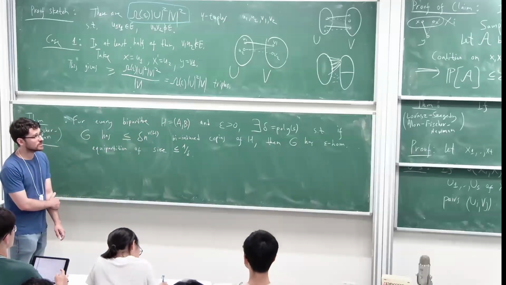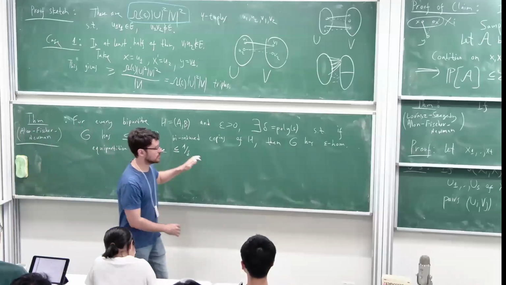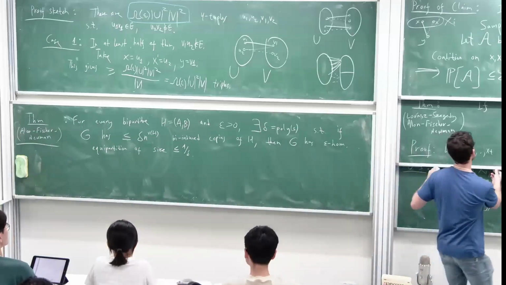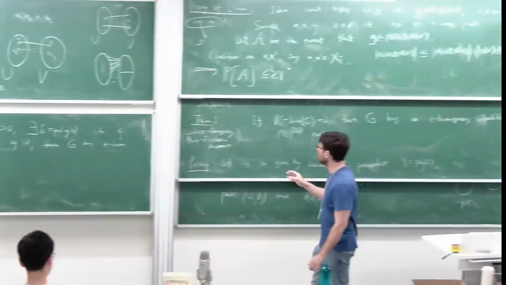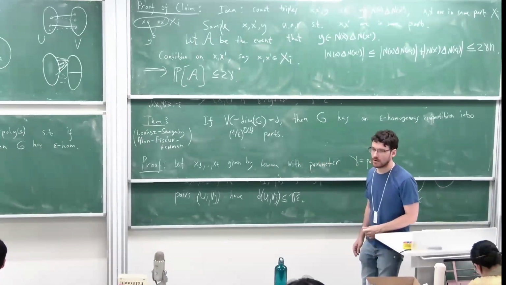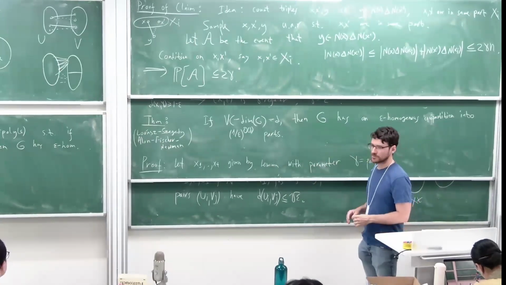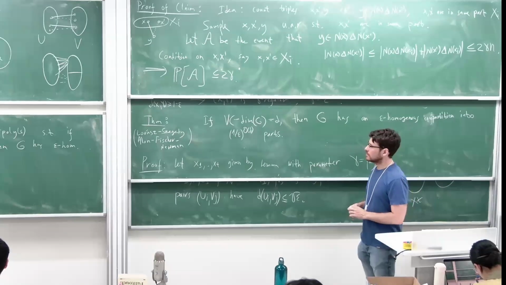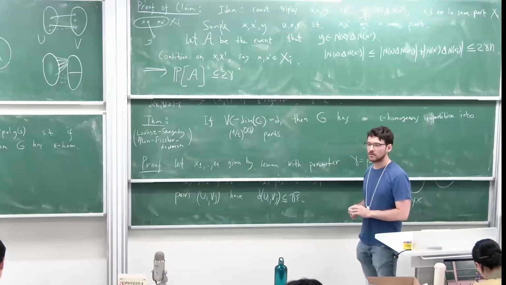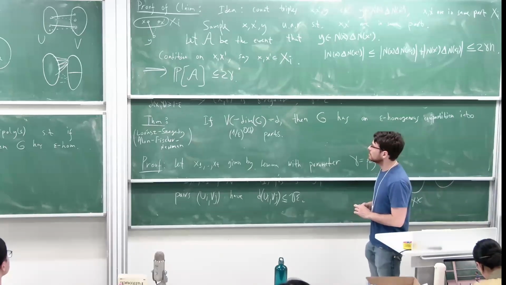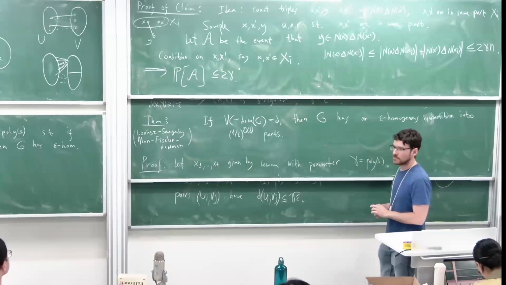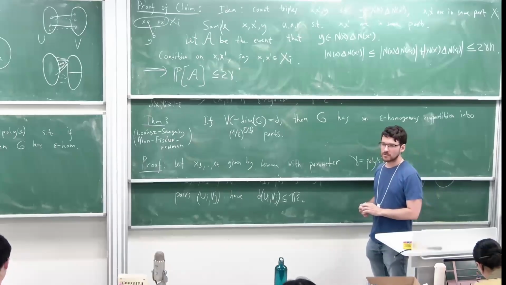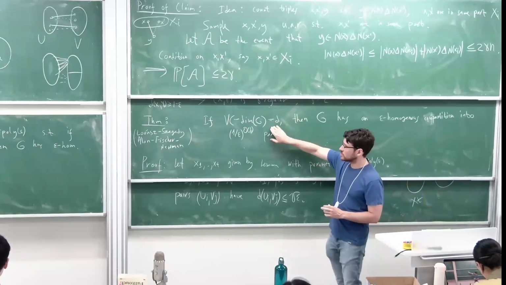So can someone tell me the difference between this theorem and this theorem? Why is it a strengthening? Right, so here we assume VC dimension is bounded.